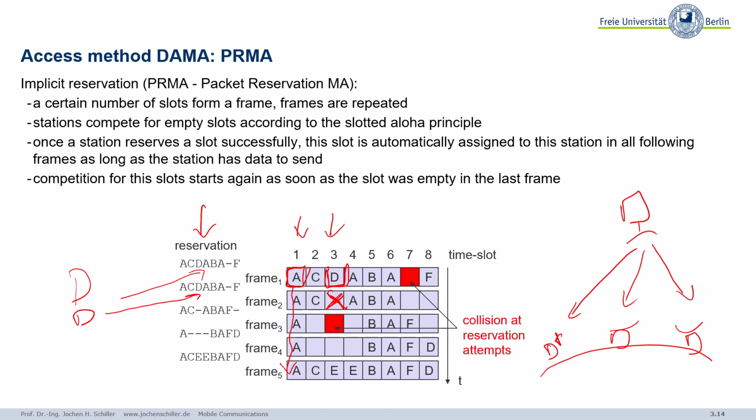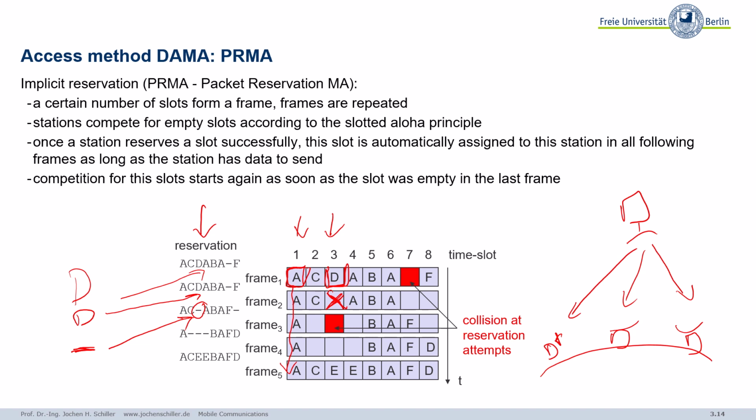Then the satellite recognizes that D stopped sending. That means after frame 2, in my next reservation list, look here, there is no one using time slot number 3. Now all the other ground stations are happy because they can start competing for this time slot.